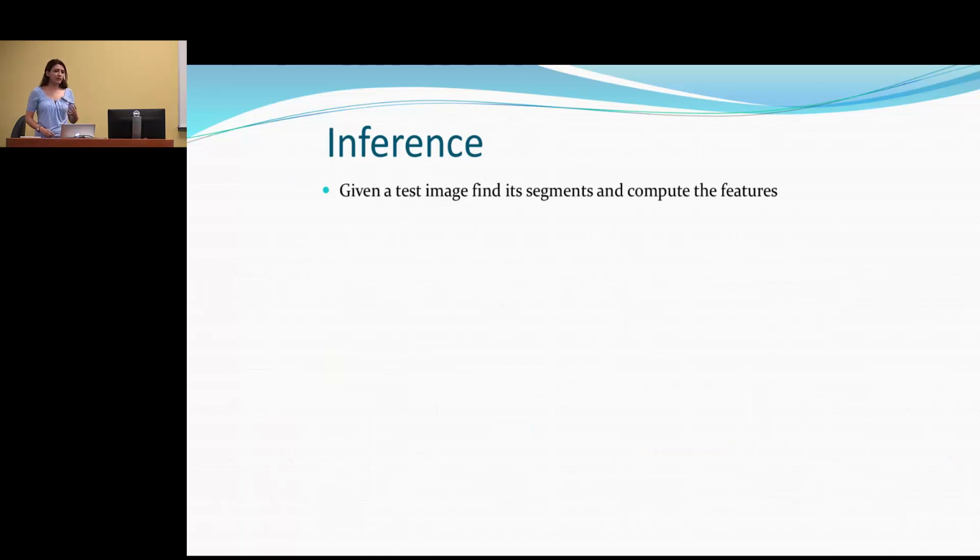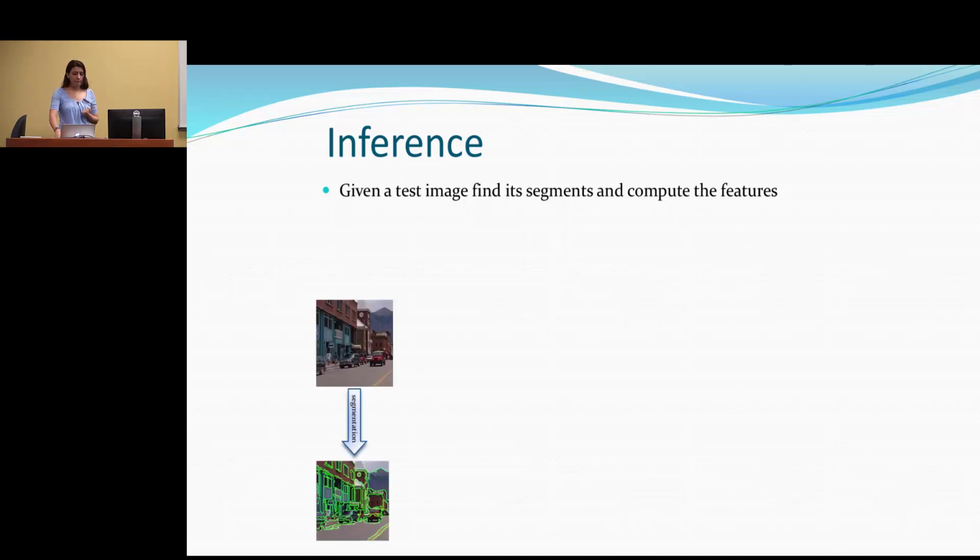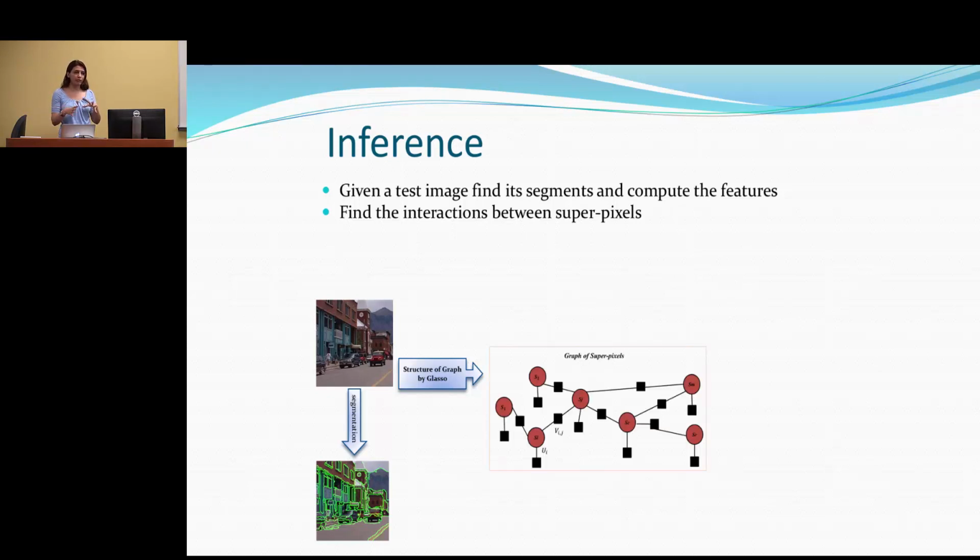Then the next part is inference. In inference for a test image, again we compute the features, then we find the interaction between superpixels. As I said, we don't want a fully connected graph between segments, but we also want to go beyond only neighboring segments. We want to find which superpixels are relevant. So we treat each superpixel as a random variable here, and we come up with the graph of the superpixels.